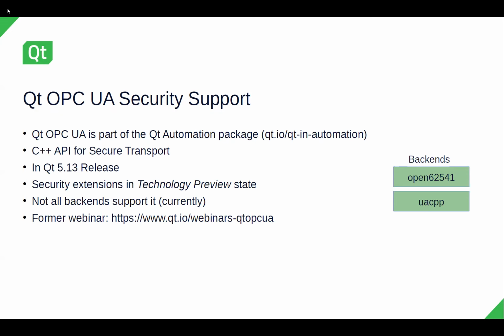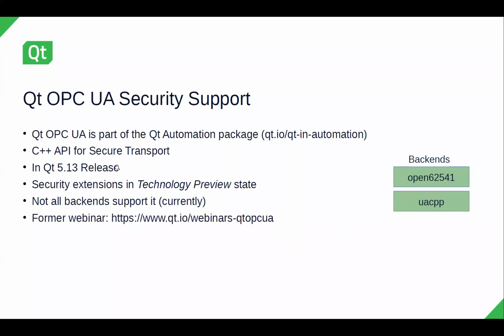But you can already get the source code through the code repositories if you want to have an early look. And the whole security extensions are in technology preview state. This means it's not fully ready, but you can already look at it, give feedback, and if you want to use it, the API may still change during this phase.